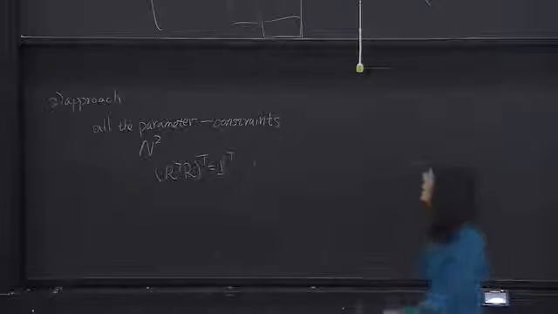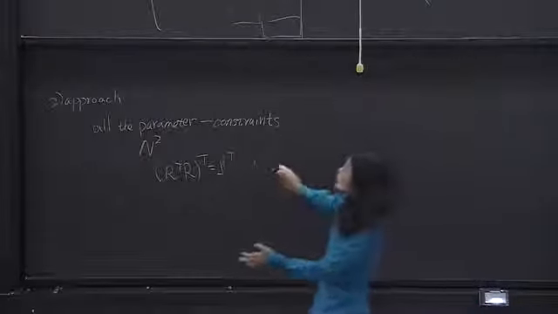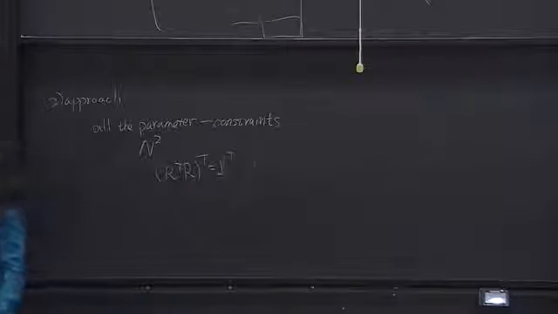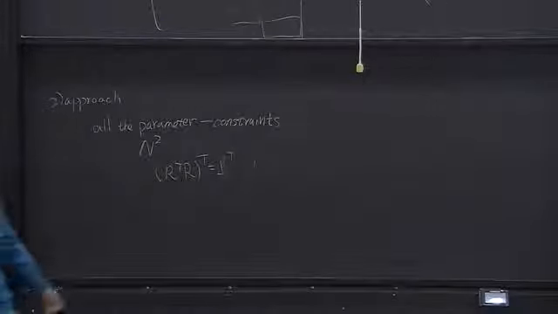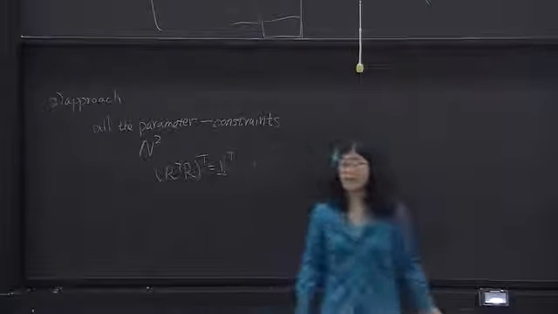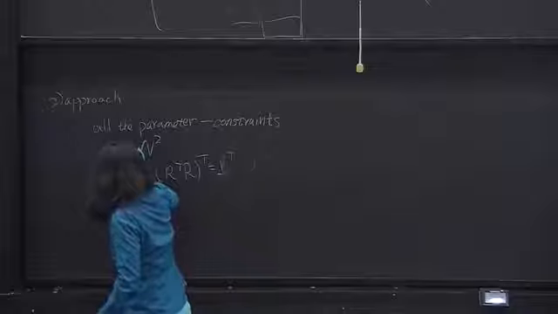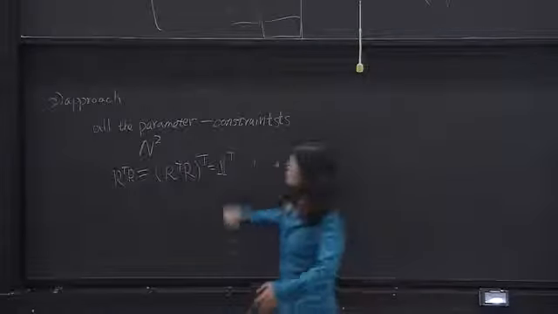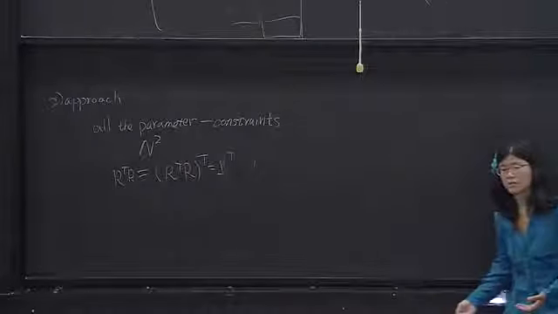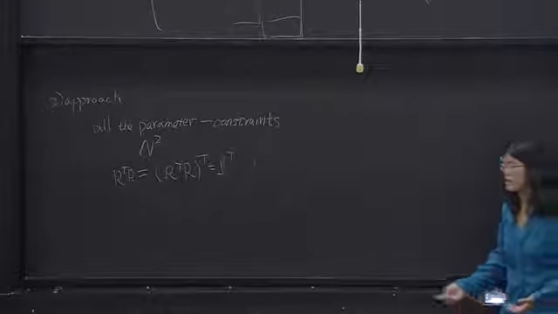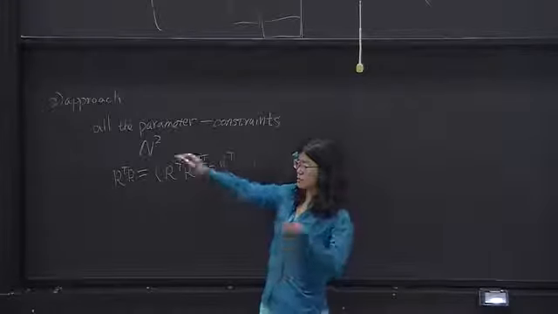So you would think this gives me n square equations, but since it's the same as its transpose, those constraints are symmetric, right? Because it says it equals its transpose.